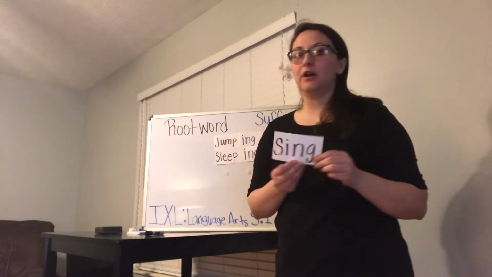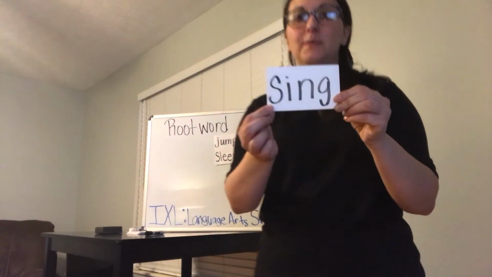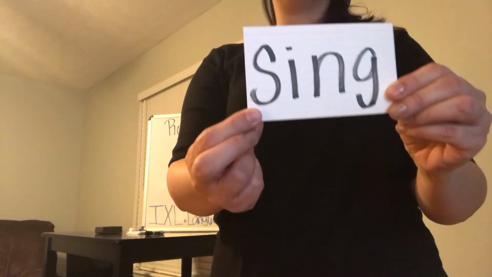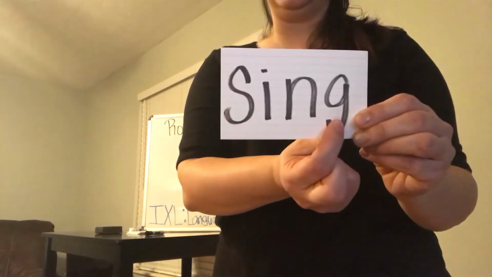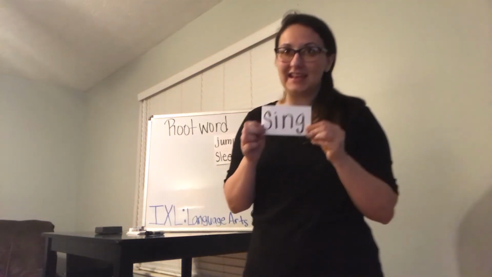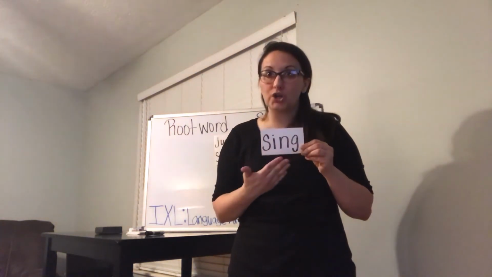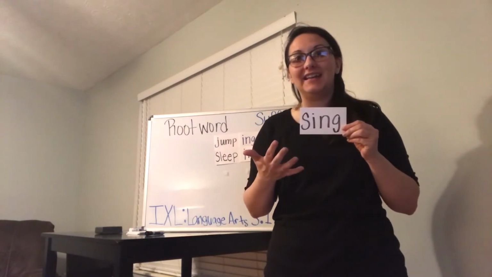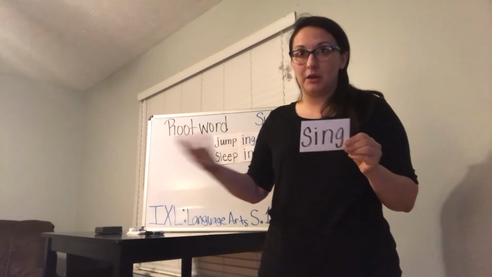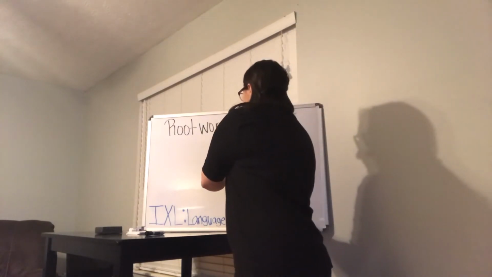Now here is where we need to really pay attention. We have the glued and welded ing in this word. Ing. But this ing in this word is part of the root word. So what will happen when we want to add suffix ing to it? Well, let's see.